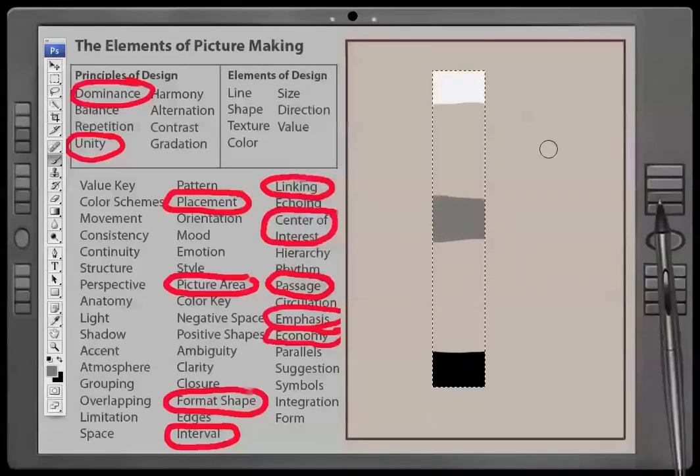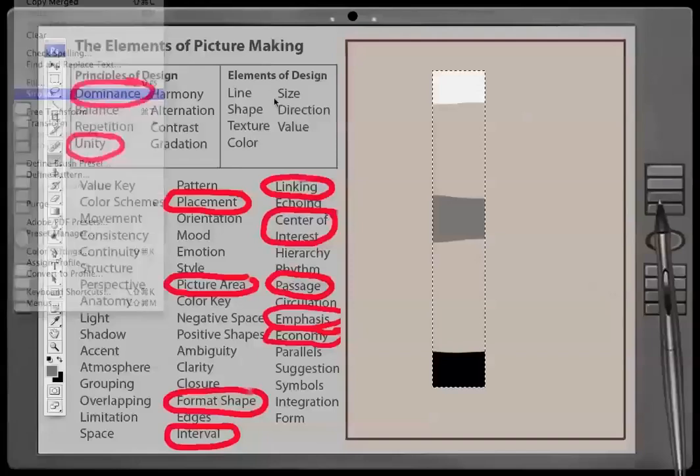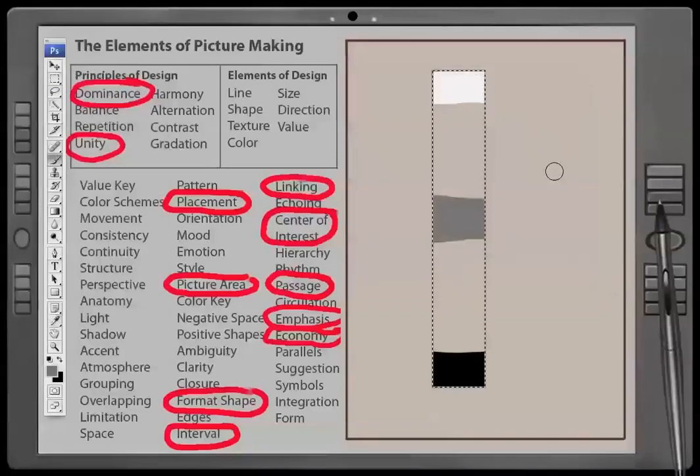Now for the next value, that needs to fall between the white and the middle value. But before I continue, I think I'll put a line around this value scale like that. So now the next value is a value between those two values. The lightest value and the middle value would be something like that.